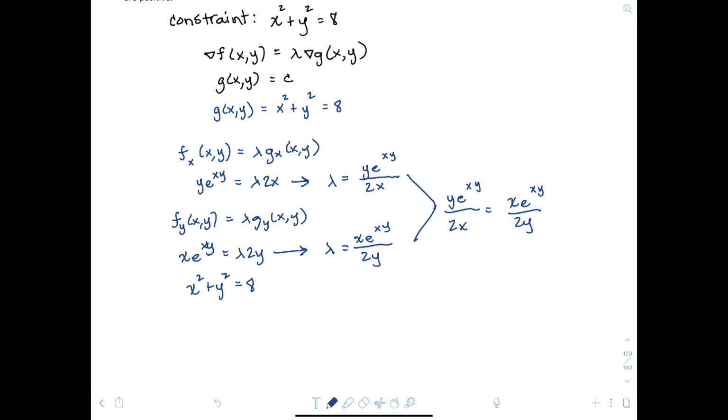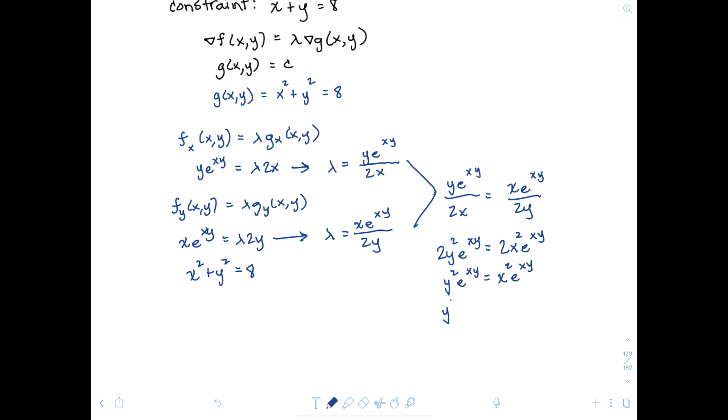We would get 2y squared e to the xy is equal to 2x squared e to the xy. Dividing out the 2, we have y squared e to the xy is equal to x squared e to the xy. So do you see that y squared must be equal to x squared?